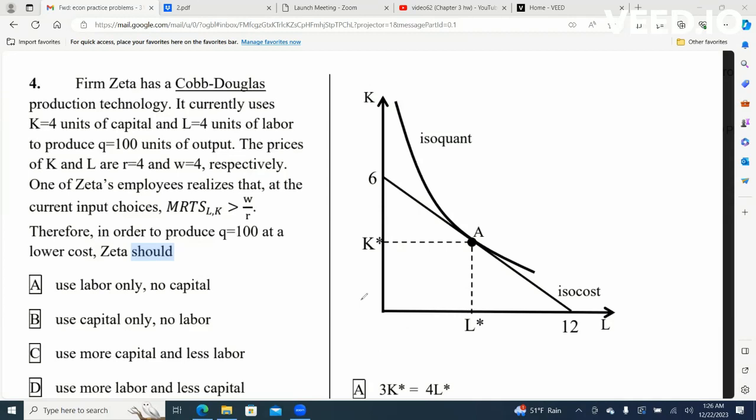Okay, so Firm Zeta has Cobb-Douglas production technology. It currently uses K, that's capital, equals 4 units of capital, and L, 4 units of labor, to produce quantity 100 units of output. The prices of K and L are R equals 4, that's the rate, and wage equals 4, respectively.